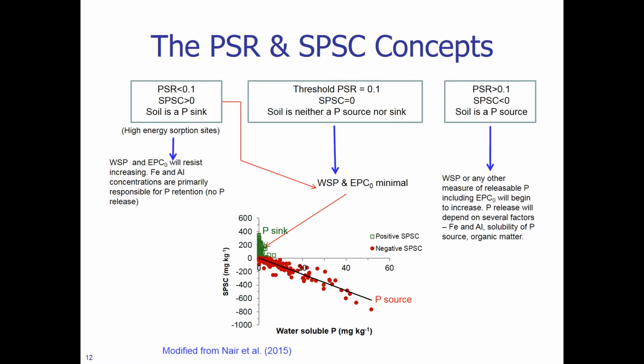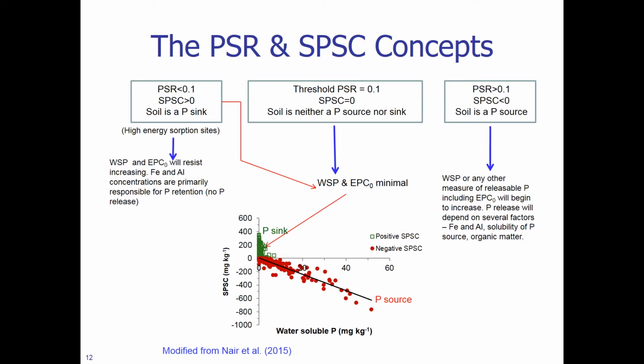At the threshold you know that the soil is neither a P source nor P sink, but when you reach the PSR greater than 0.1 or the SPSC is less than 0, you know the soil is a P source. This is shown in the third block in this particular diagram.